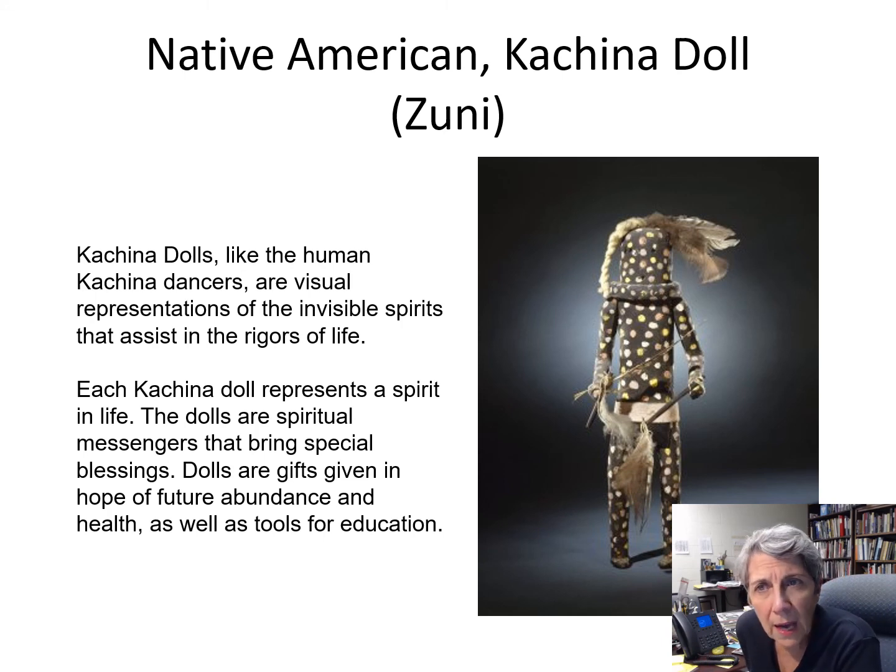Here you have the actual, and this is a Kachina doll, Zuni. You have the actual texture of the feathers. And then you have the simulated texture on the surface, these polka dots, which is colorful. It's sort of hard to see. It's like pink and yellow. So I would say color is important here. But it's a nice contrast between the simulated texture here of the dots and the actual texture of the feathers.